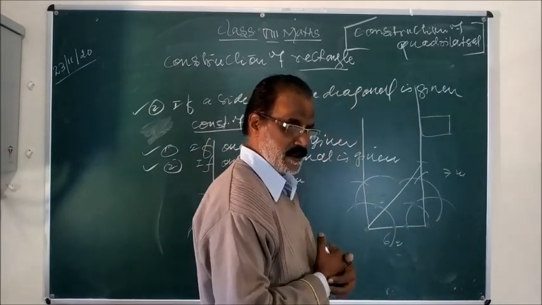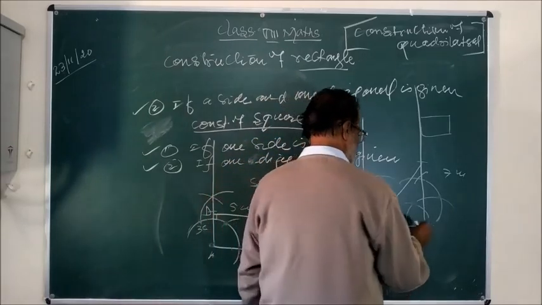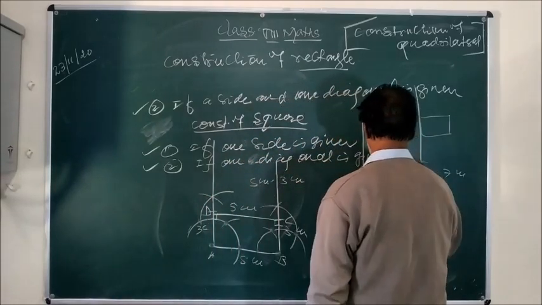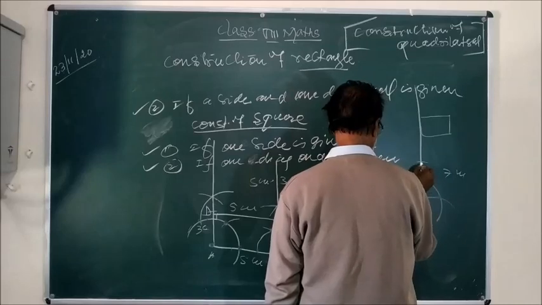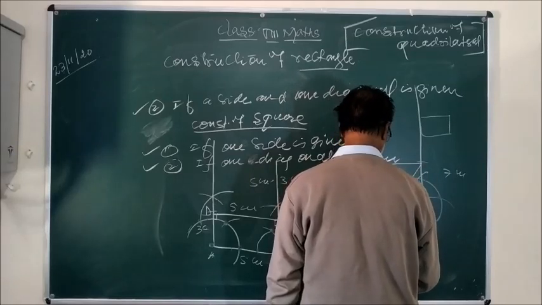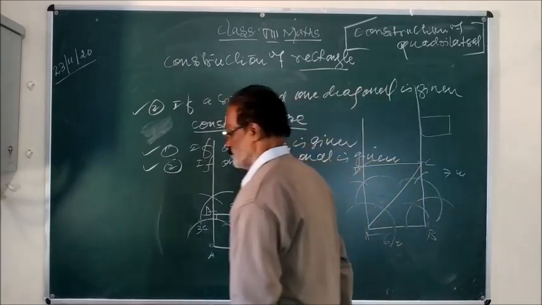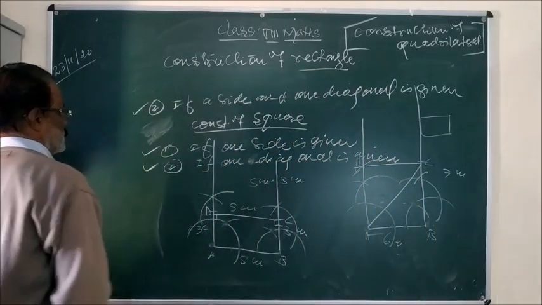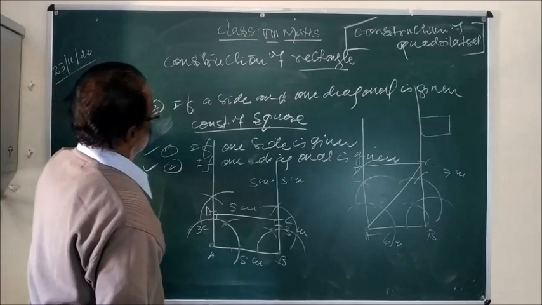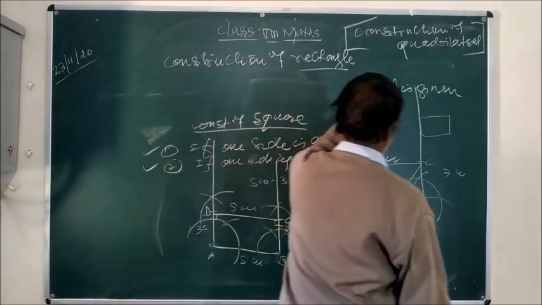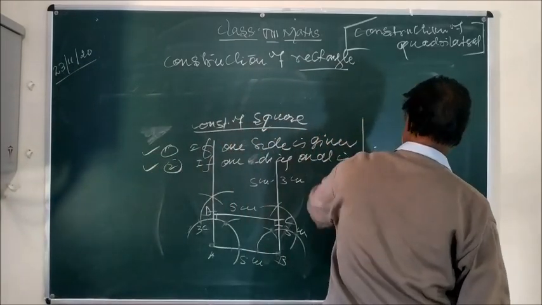In a rectangle, diagonals are equal. You cut 7 cm here. So this, you join this. ABCD is the required rectangle. You will try to construct using a pair of compass, scale and pencil.